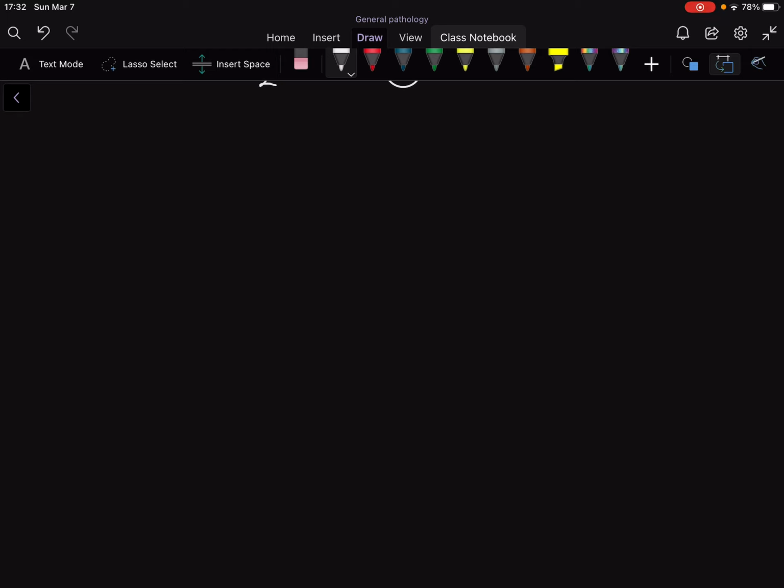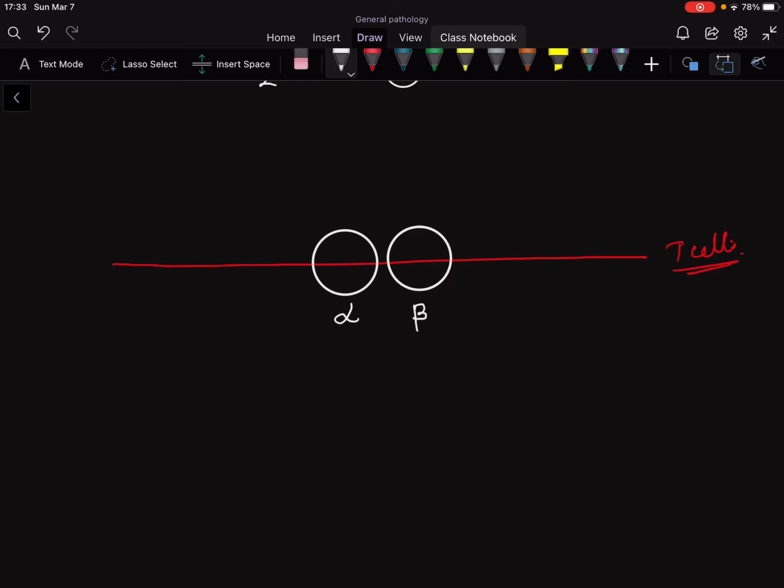What does the T cell receptor consist of? So here is the plasma membrane of the T cells. On this plasma membrane, this is the alpha part, this is the beta part. This together is called the T cell receptor.